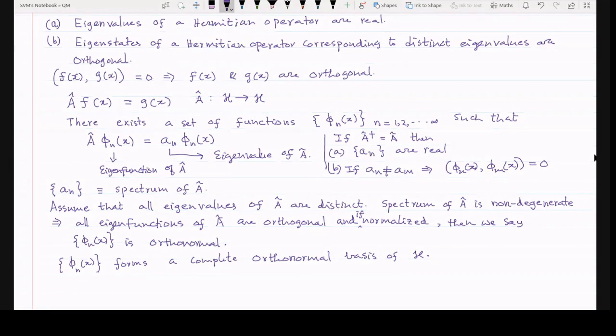What does this mean? This statement is true with respect to every Hermitian operator.